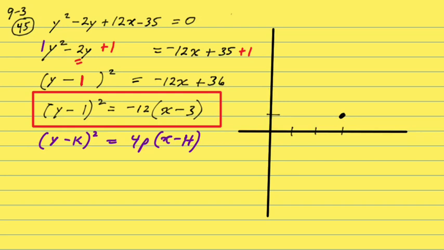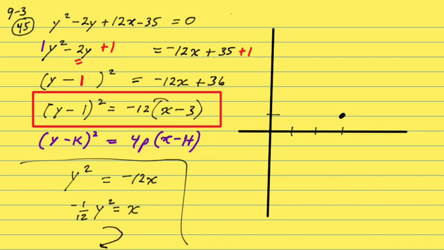Right here I see a y squared on the left and a negative 12x on the right. Would it be a negative 1/12? There's more to it, but is it x equals negative y squared? Which means it opens which way? I believe to the left. So I'm going to mark the vertex and opening left.